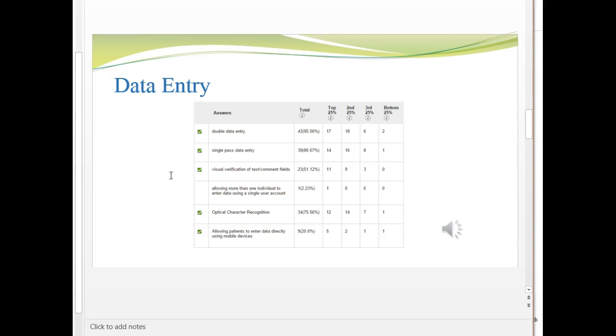This is when a second data entry operator looks at comment or verbatim text that was entered, and instead of trying to re-enter it and match all the keystrokes, they just look at it and say, you know what, it essentially says the same thing. I agree. Then you have things like optical character recognition. That's a valid type of data entry that is run through a machine and the machine extracts the values.